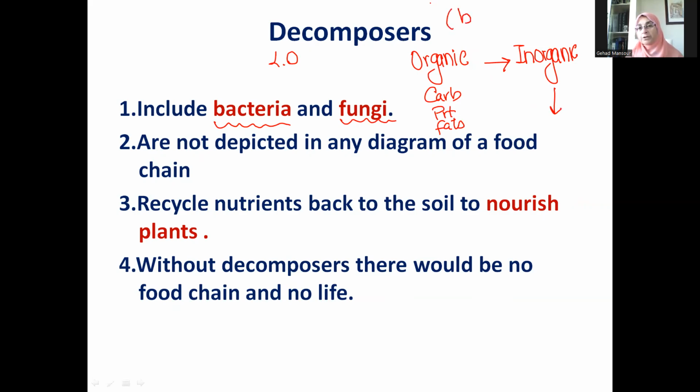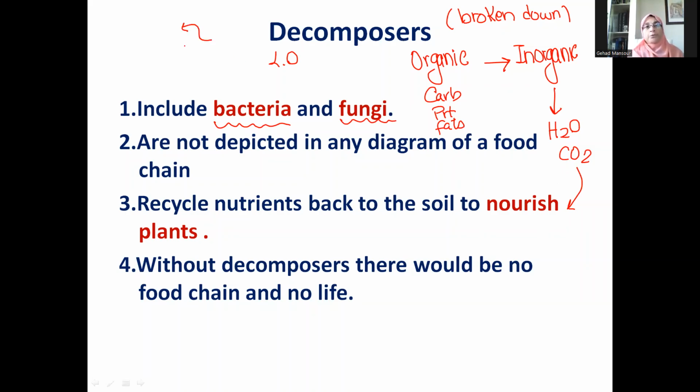Actually, decomposition is a process of breaking down. So they will be broken down again into inorganic components like water and carbon dioxide and inorganic salts. And this is very important to nourish the plants that derive their nutrition from the soil. Of course, decomposers are very important because of many reasons.